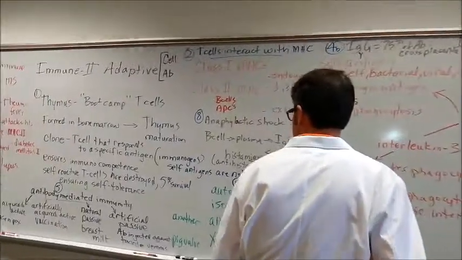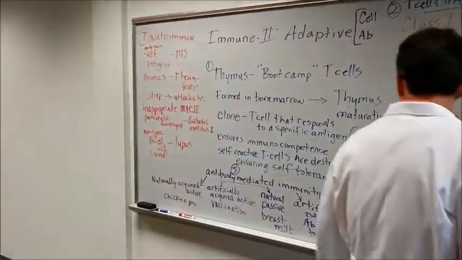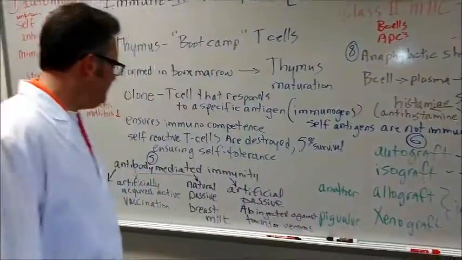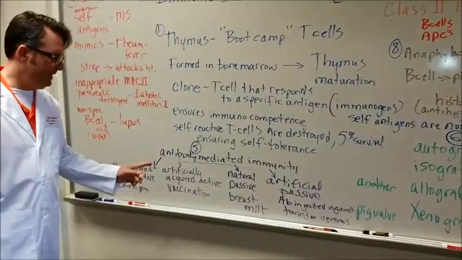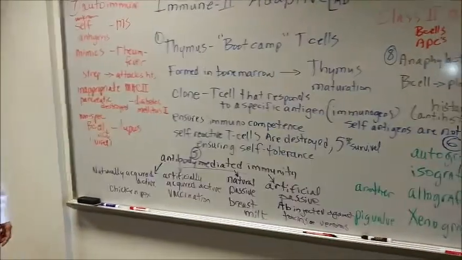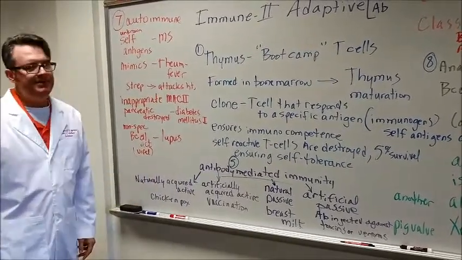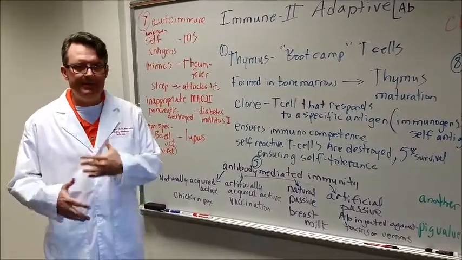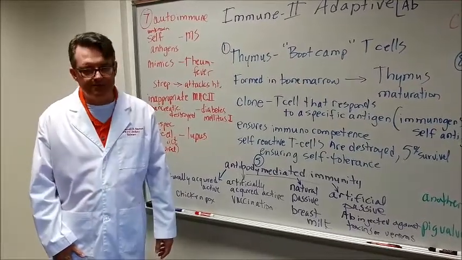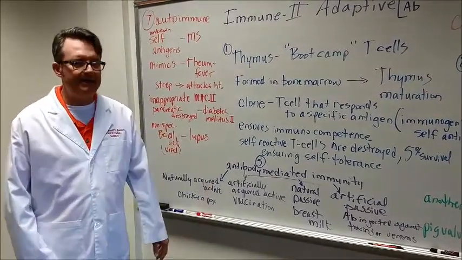Next, I want to go to different types of immunity in your body. You and I can have naturally acquired active immunity by getting the chicken pox. And that way on subsequent exposures, we don't get a whole brand new outbreak of this.